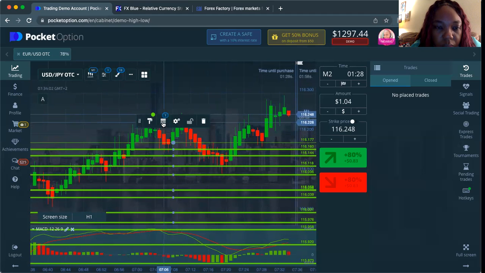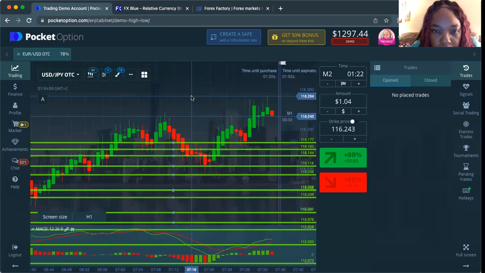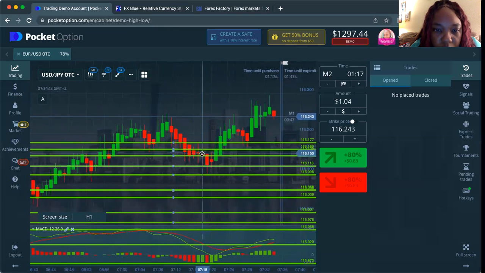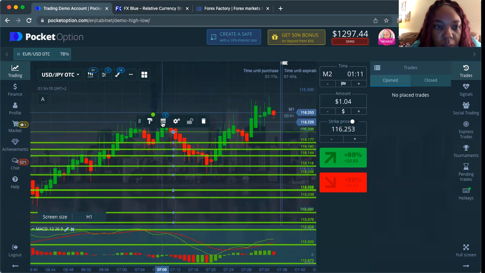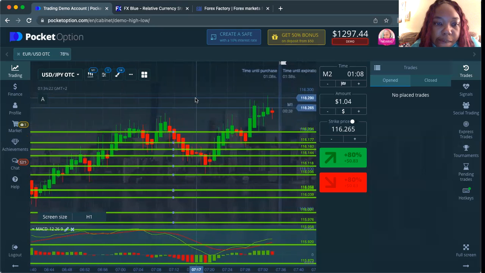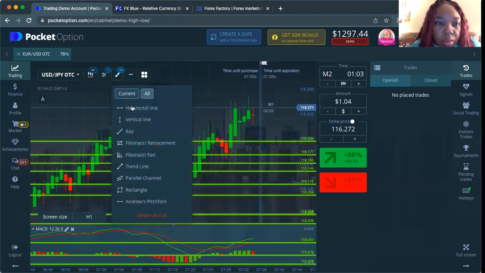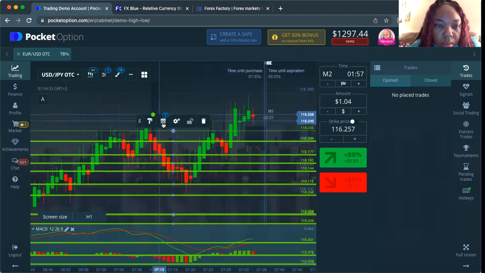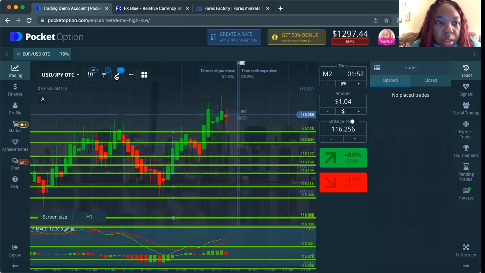When I'm done marking, we'll get into a trade. I keep doing that. So again, just finding these key areas is all you got to do.